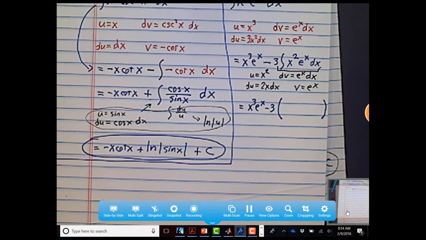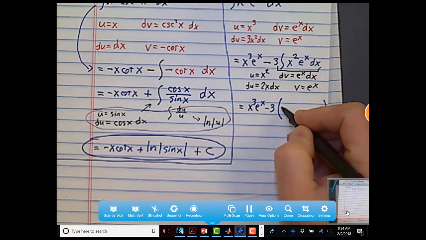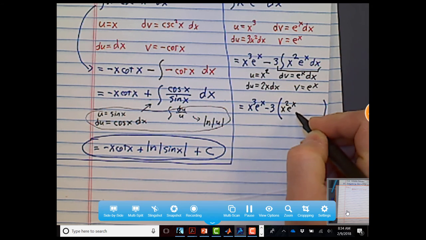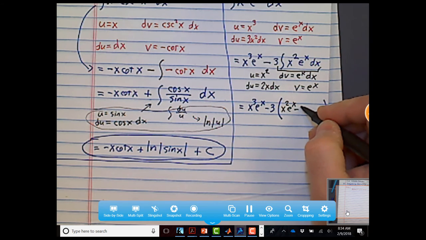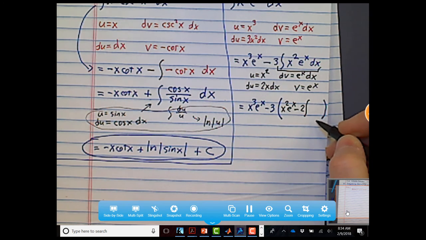What would go in there? x squared e to the x, yep, minus 2 times another integral, x e to the x dx.